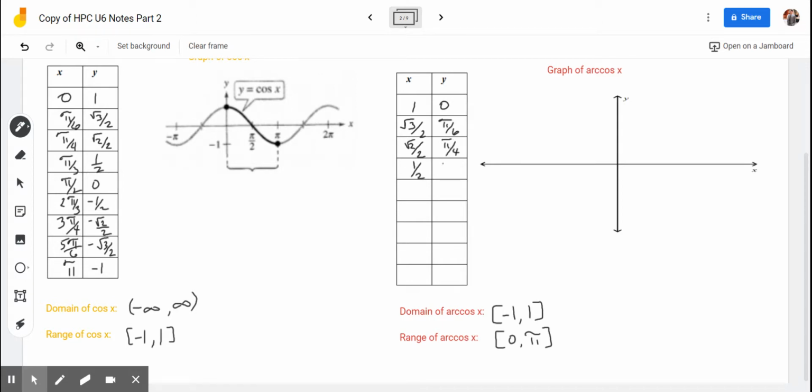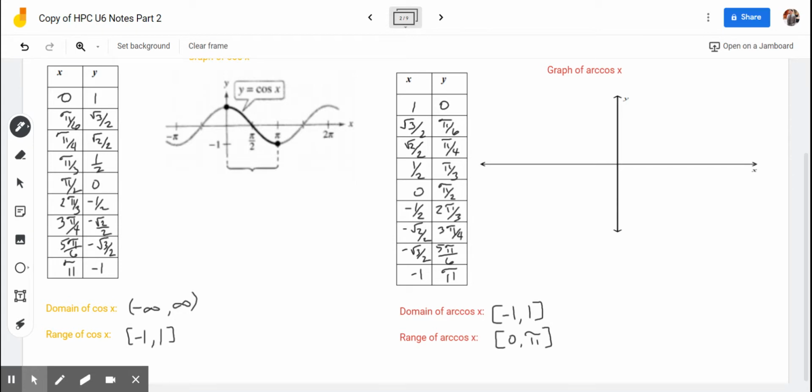A half, pi over 3; 0, pi over 2; negative a half, 2 pi over 3; negative radical 2 over 2, 3 pi over 4; negative radical 3 over 2, 5 pi over 6; and then negative 1, pi. Okay, so here we go.